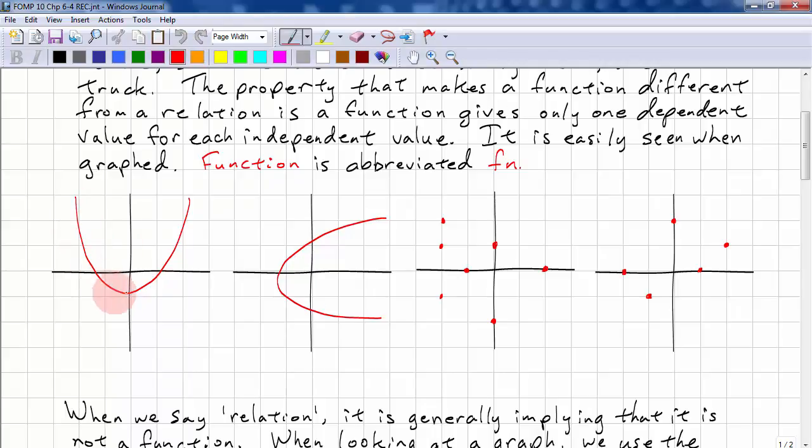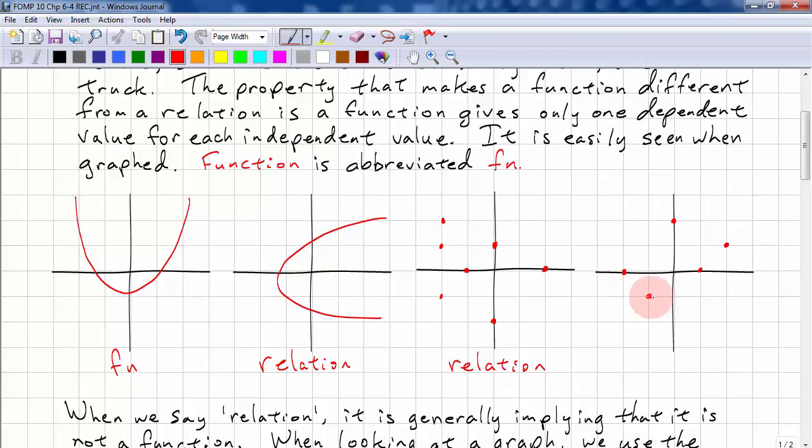So here we have a function. Here, there's two values for this independent value. So this is a relation. And here we have three values for one independent value. So this is also a relation.